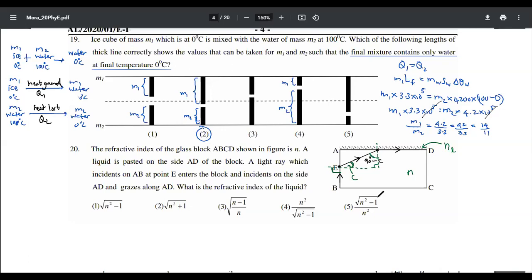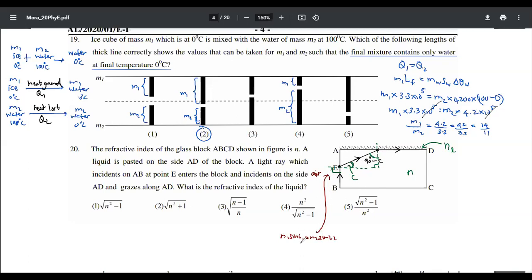This question is very easy. All you need to do is apply Snell's law at point E and at this point. That's it. Finished. So if I start from this point, the equation is N1 sin I1 equals N2 sin I2. Remember, this is air. Let's pretend you can't remember the equation for the critical angle.